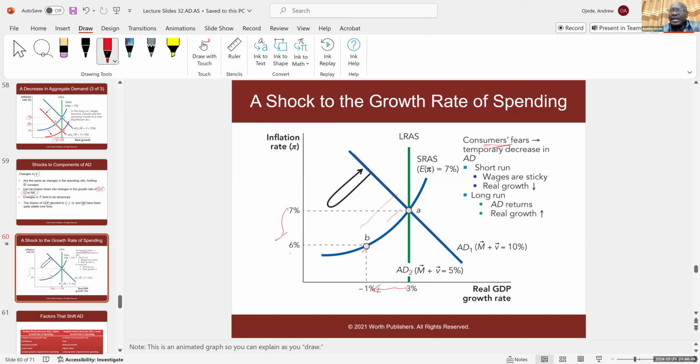But in the long run, the aggregate demand curve can return real GDP growth. So we can shift the aggregate demand curve back, if we believe that consumers start to spend money on their own. Or alternatively, if you are here because the aggregate demand curve has shifted, the short run supply curve could adjust, depending on which one is triggered first.